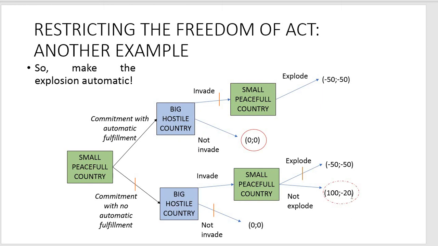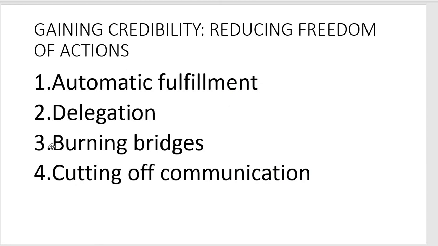Because living under occupation is unpleasant, but still better than destroying everything in the country. So that's why automatic fulfillment will just make this commitment more credible. Delegation is simply when you delegate to some other party the obligation to fulfill your commitment.